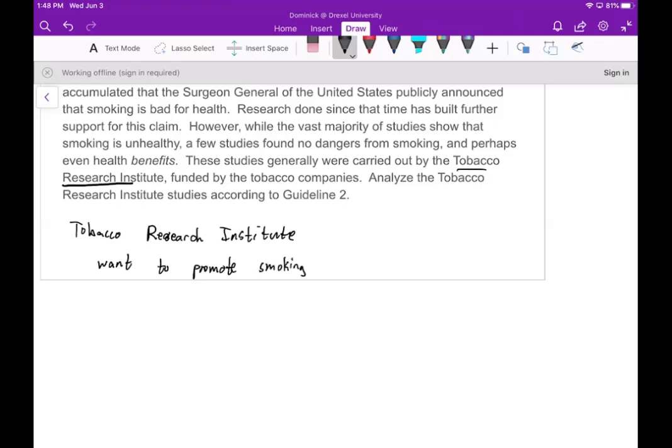Because smoking is their livelihood, right? Without smoking, the tobacco companies and Tobacco Research Institute wouldn't have a job, right? So of course they're going to try and undermine any reports that smoking is bad for your health.